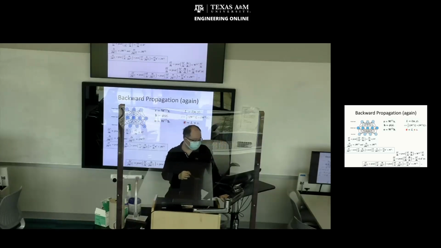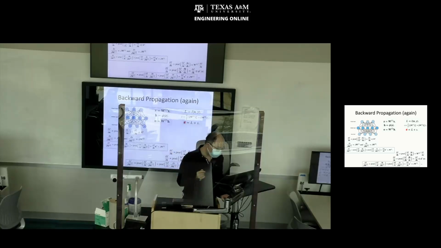So what we are interested in are the partial derivatives of J with regard to W2 and J with regard to W1. That's our goal, because we're trying to adjust W1 and W2 to minimize J. So we need to find the gradient of J with regard to W1 and W2.